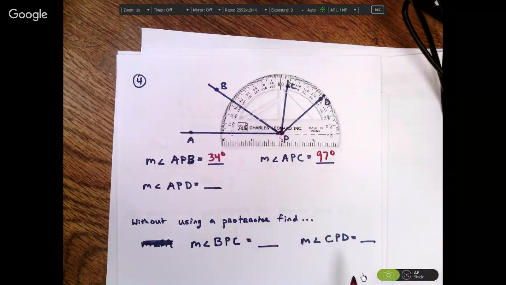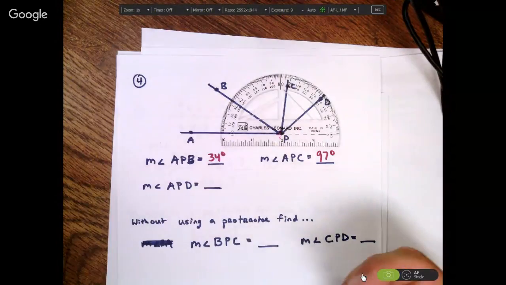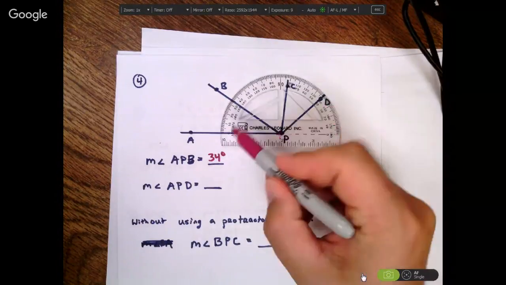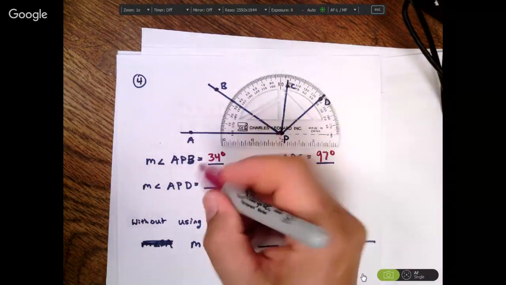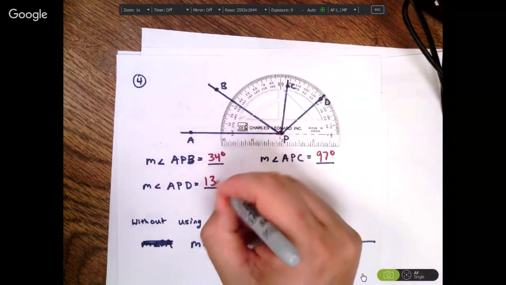And the measure of angle APD for me, what would be the wrong answer that a lot of people might say? Okay, they might say 40, which would be wrong because they're using the wrong number. You got to go all the way up. Mine's 139. Okay?